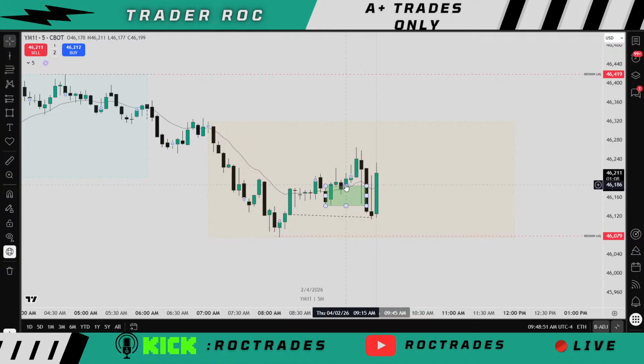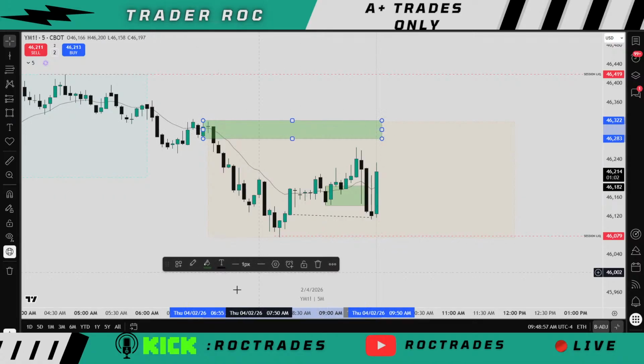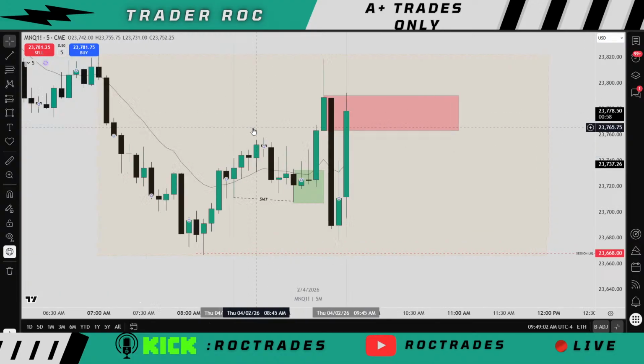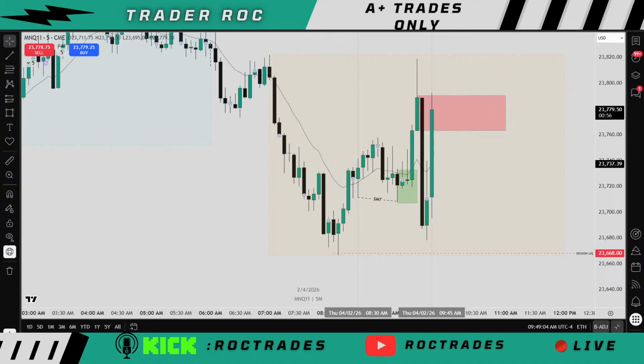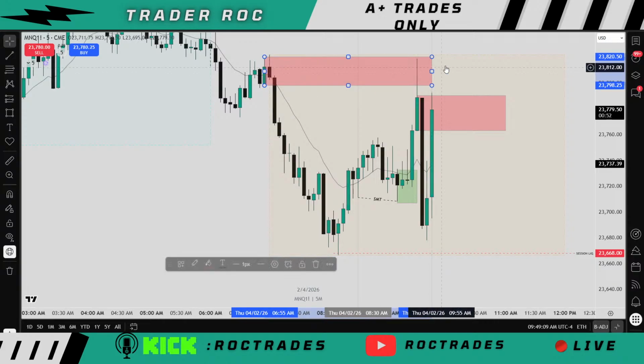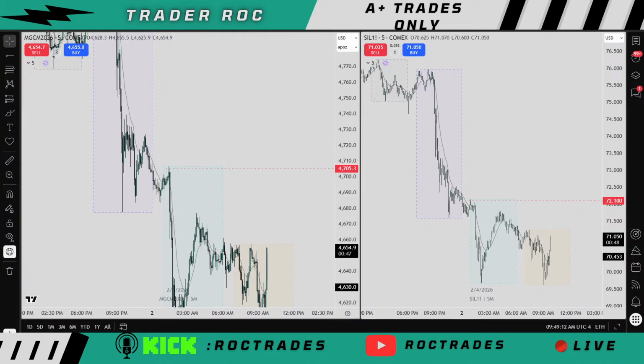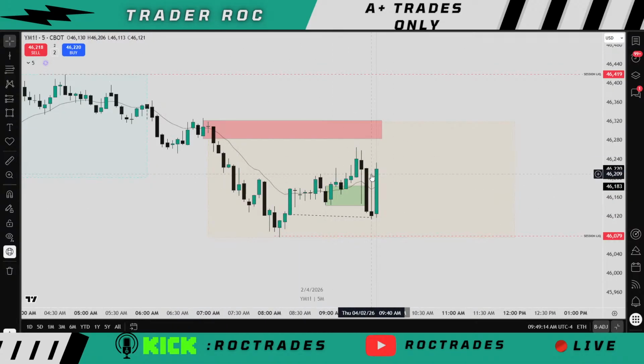So we had this push down, we had this break up, and then we haven't even tapped into this order block over here on YM for me to be like really convinced over this type of move from here. ES and NQ tap into it, YM doesn't. And if we look at gold, we'll see some bullishness as well. See what I mean? So yeah, there's no reason to think price is actually going to sell off here just yet.